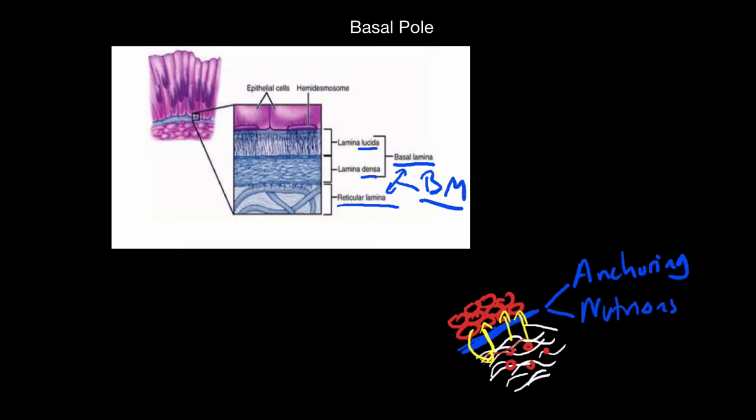The main component of the basal lamina is type 4 collagen. You're going to find a lot of that in the basal lamina. The basal lamina is connected to the underlying connective tissue, or underlying reticular lamina, right about here, by type 7 collagen.